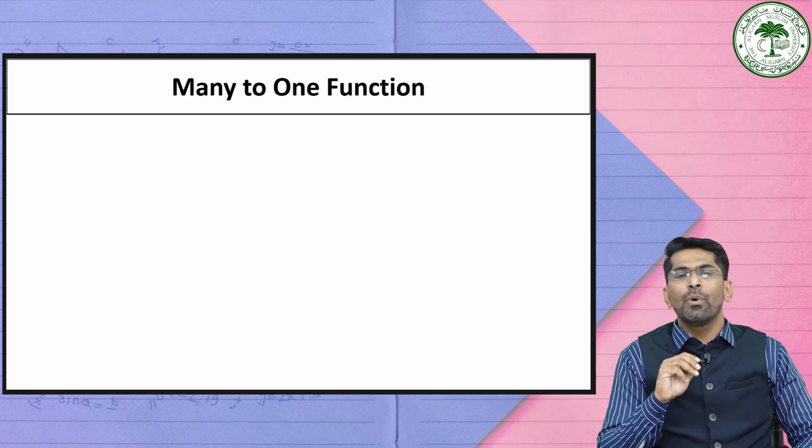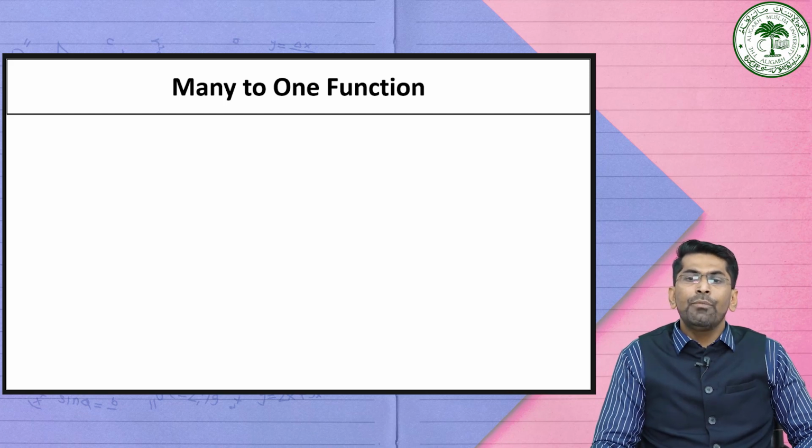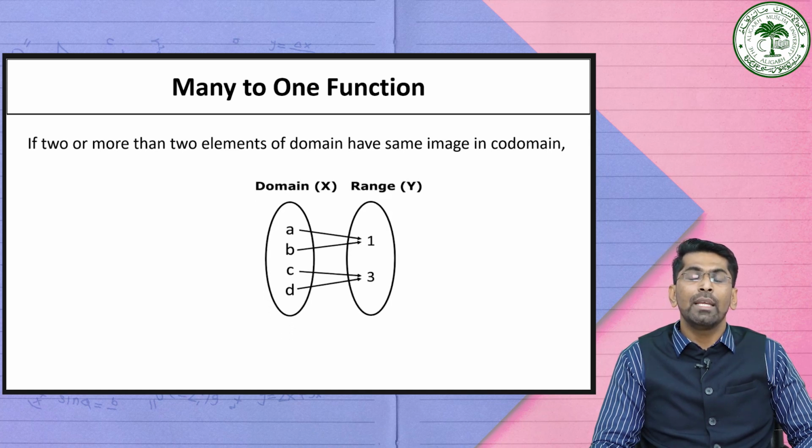Now we have another type of function, which is known as a many-to-one function. If two or more elements of a domain have the same image in the codomain, then such a mapping is said to be a many-to-one mapping. See, in this mapping, the domain and range are given here.